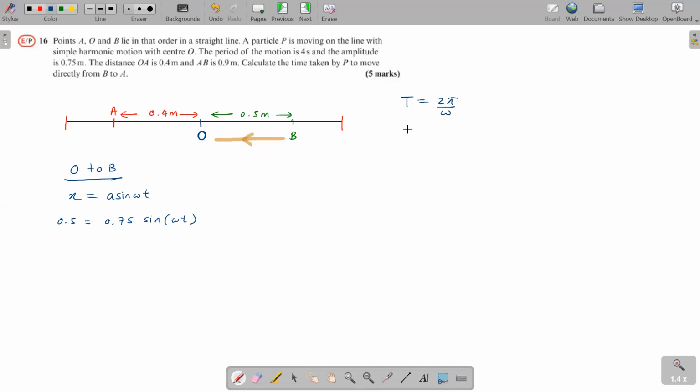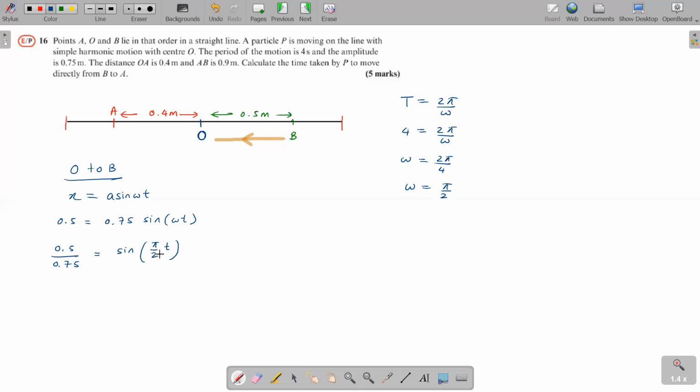The periodic time was given as 4 seconds, so 4 equals 2 pi over omega, which means omega equals 2 pi over 4, which is pi over 2. So 0.5 over 0.75 equals sin of pi over 2 into t. What do we get here?